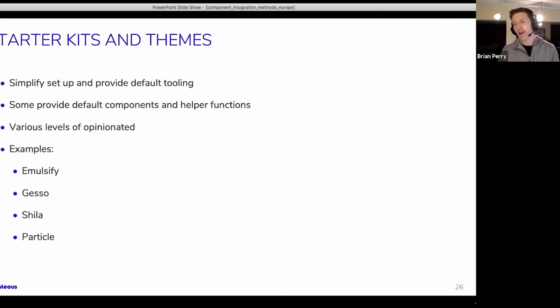It's going to vary how opinionated they are, but they can be really useful, especially if you want to start out with a strong starting point and your tooling out of the way. So some examples: Emulsify is a pretty popular option in the community. There's also Gesso and Sphynx, along with Particle, and all these are great options if you do want an opinionated starting point.